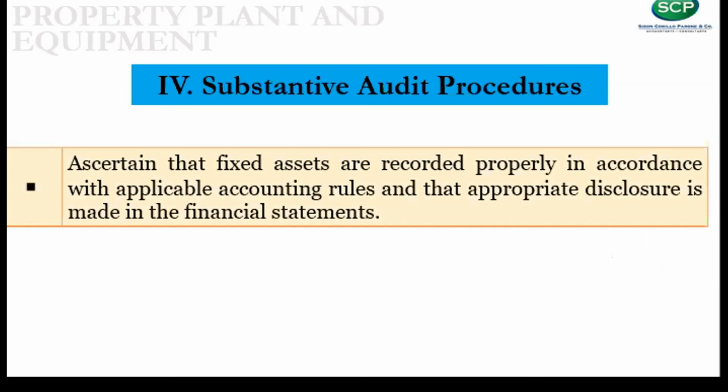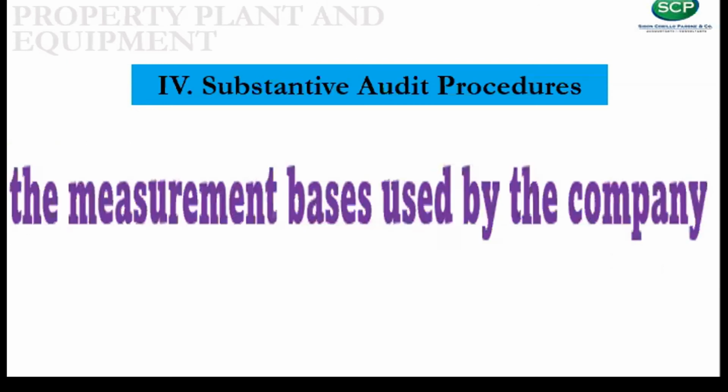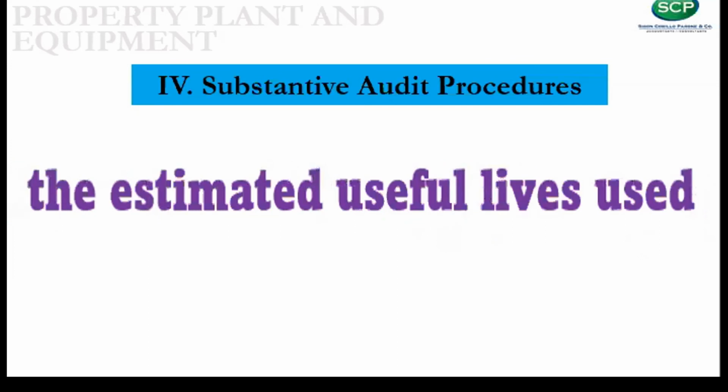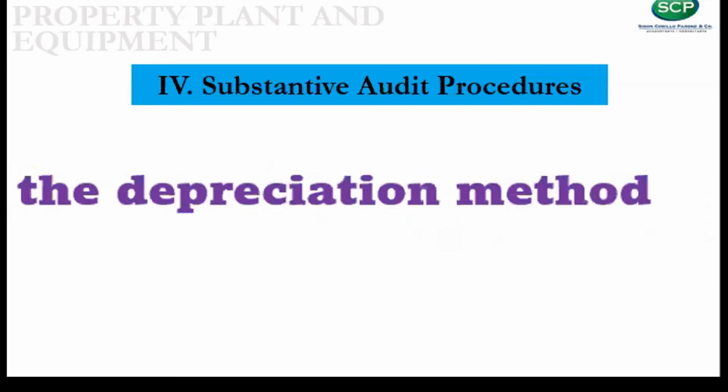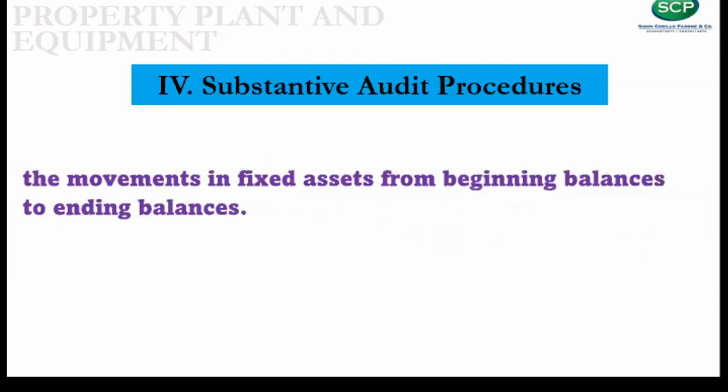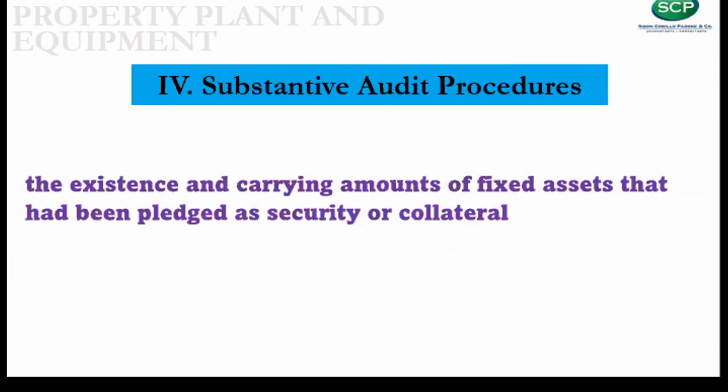For example, companies are required to disclose, among others, the measurement basis used by the company, the estimated useful lives used, the depreciation method, the movements in fixed assets from beginning balances to ending balances, and because fixed assets are usually used as collateral or securities to loans, the existence and carrying amounts of property, plant, and equipment that had been pledged as security or collateral are required to be disclosed as well.